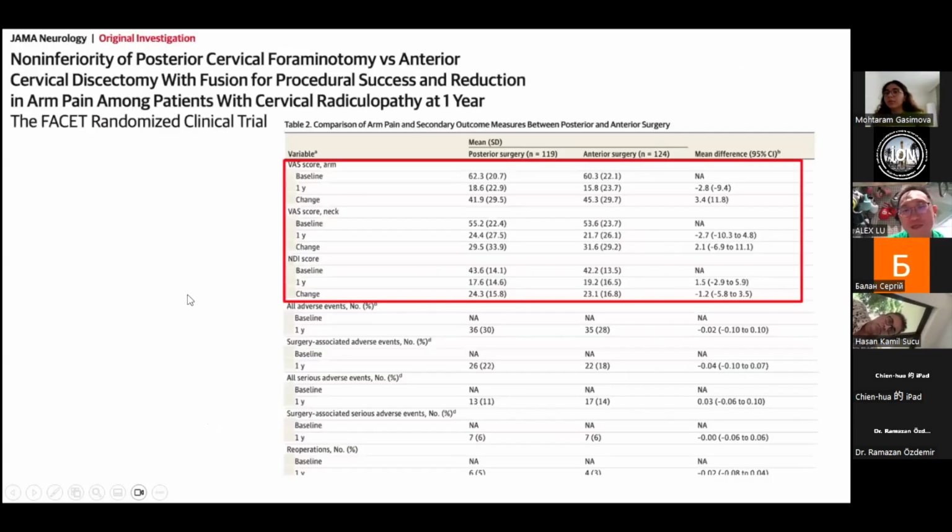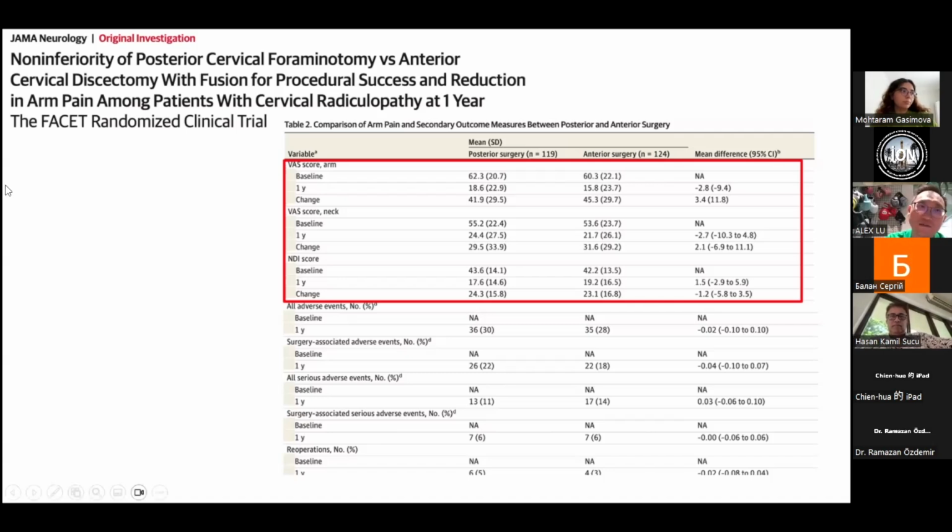Usually we thought ACDF was the gold standard of treatment, because every neurosurgeon does ACDF surgery, as posterior surgery usually has a big wound and very dramatic muscle destruction. But recently, alongside the development of MIS instruments, people have started to focus on posterior surgery.